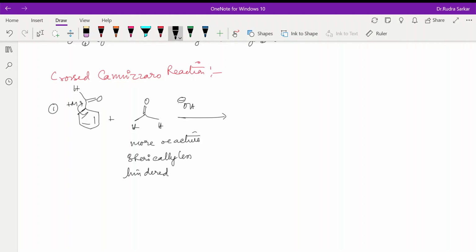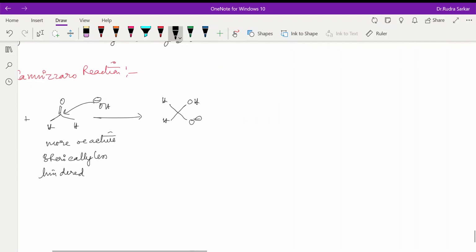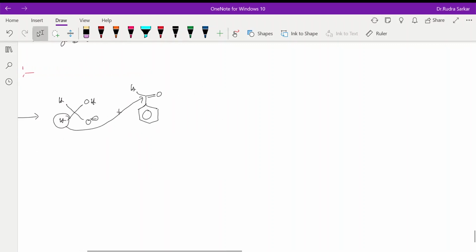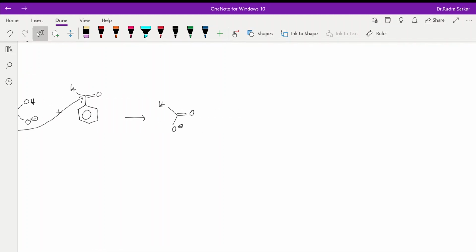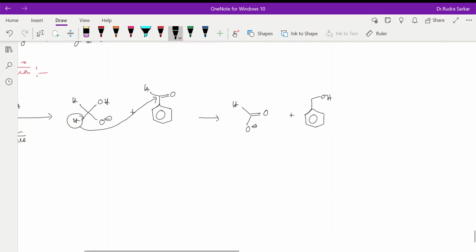So it is the carbon of the formaldehyde that will be attacked by the OH, and that means we will generate something like this, and the hydride ion transfer will take place from the formaldehyde to the carbon of benzaldehyde, which now means that we will be getting the formate ion by the oxidation of formaldehyde and benzyl alcohol as the reduced product. Okay.